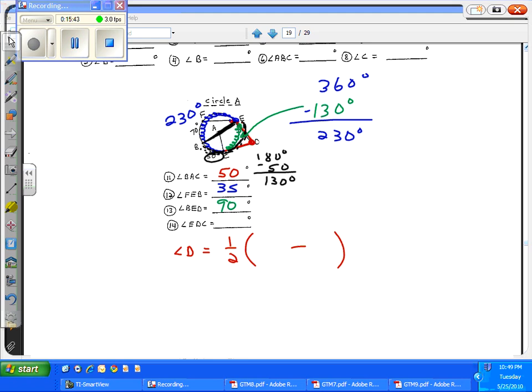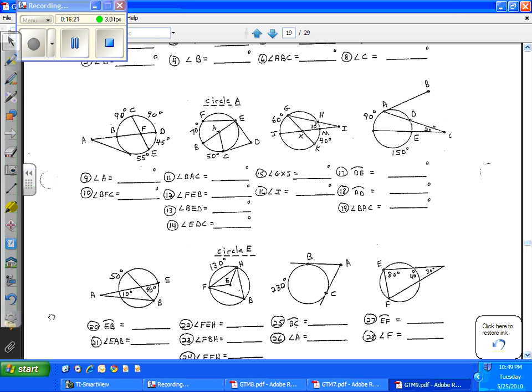So the long way around is 230 degrees. The short way around is 130 degrees. The angle is half the difference because its vertex is outside. The difference is 100 degrees. Half of that is 50 degrees. And so angle D is 50 degrees. Any questions on that?